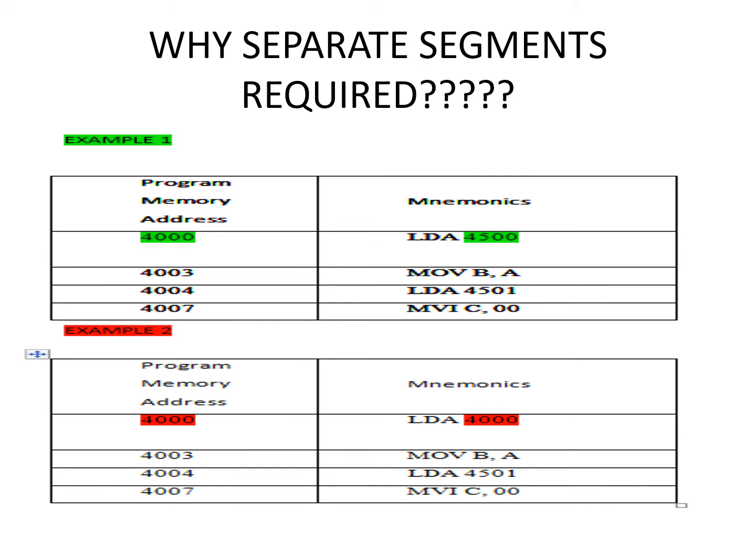But in example 2, let us consider the mnemonic LDA 4000 and the program address also 4000. In LDA 4000, what it means is that 4000 consists of the data.